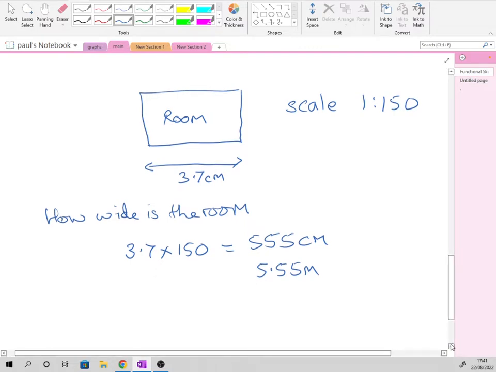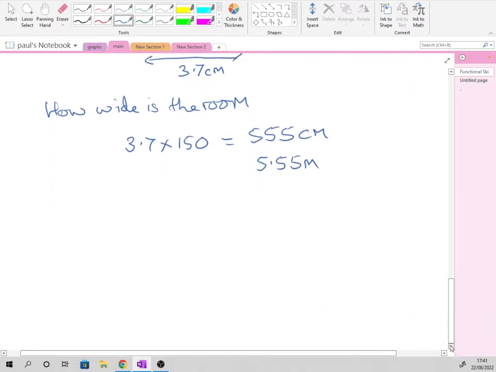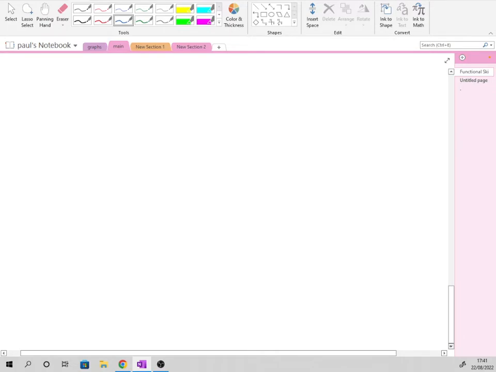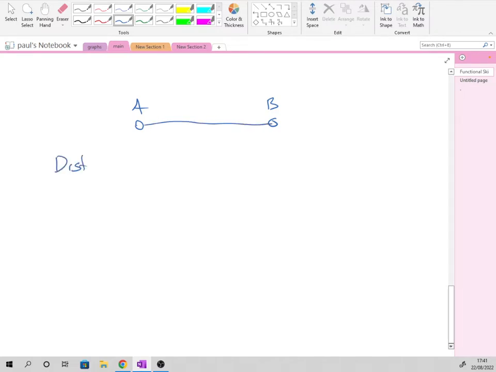Right, now let's go back to those two towns. There's town A and there's town B. There's an awful lot of different ways that these maps and scales can be presented to you.